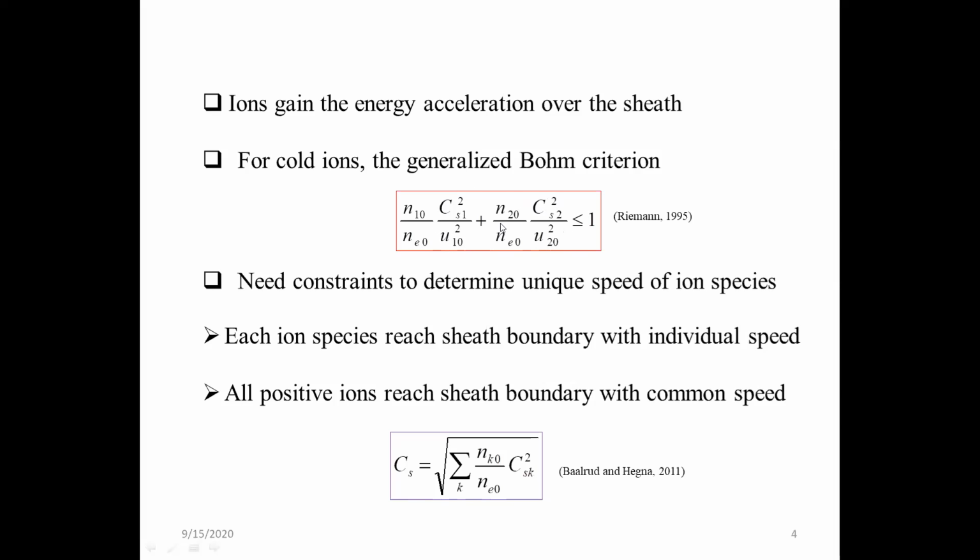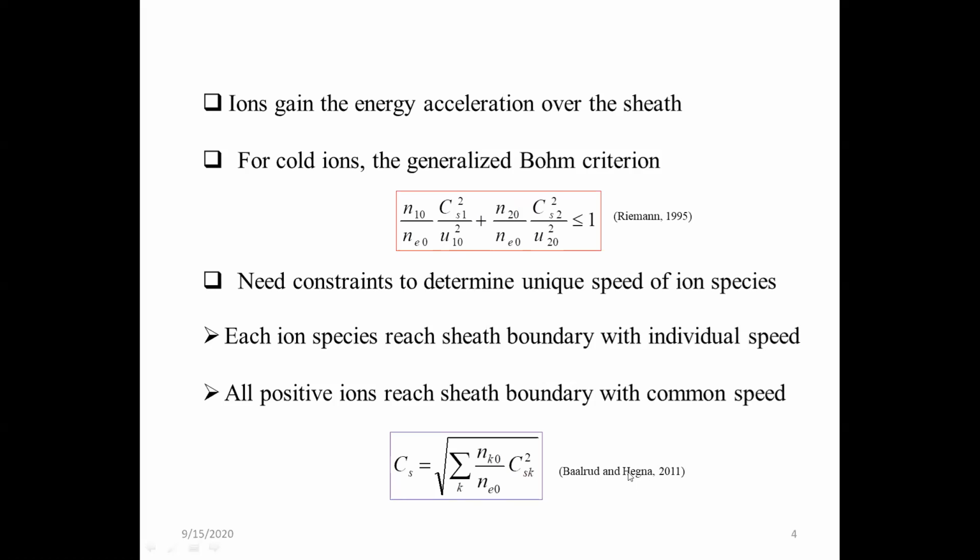So we need a constraint to determine the speed of each ion species at the sheath boundary. When we apply the constraint, there are two possible solutions. The first is that each ion species can reach the sheath boundary with its individual acoustic speed. The second possibility is that they can reach the sheath boundary with a common speed, and this is given by Baalrud and Hegna in 2011.